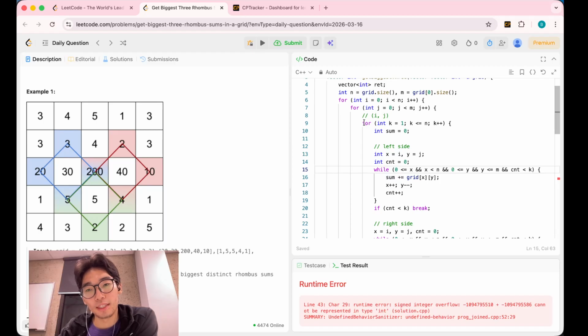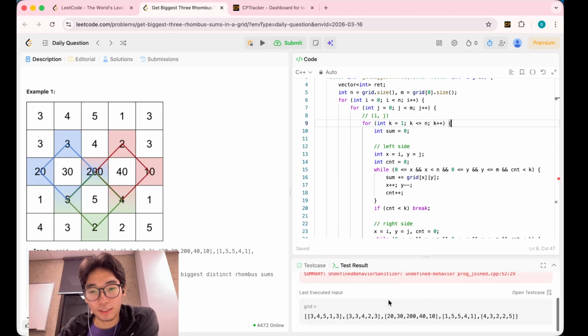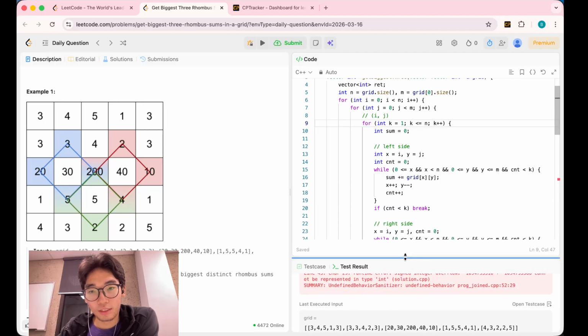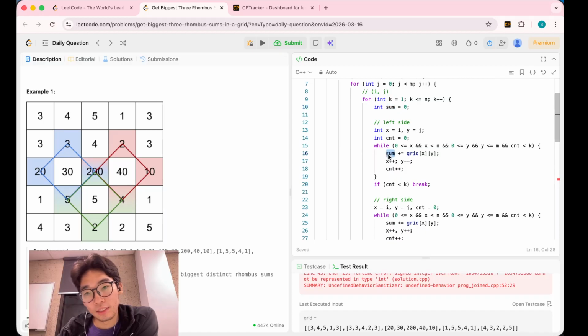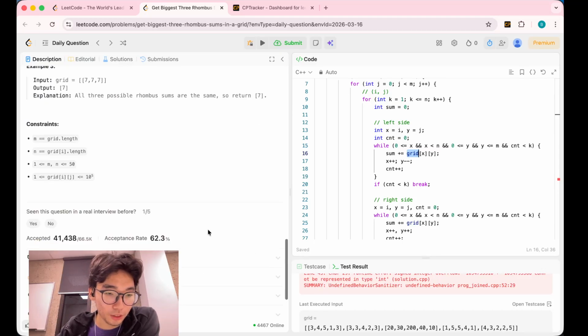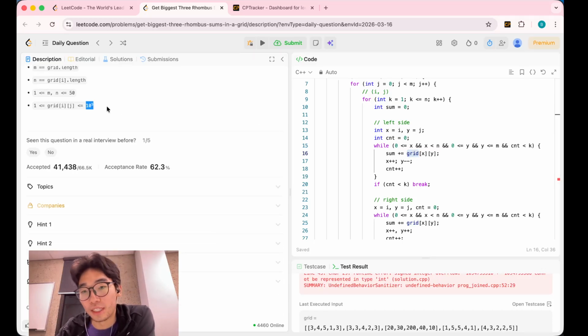We are doing it k times, which is the length of the side, and sum is 0, which is initialized here, and the initial grid numbers are also pretty small, 10 to the power of 5, so that's weird.